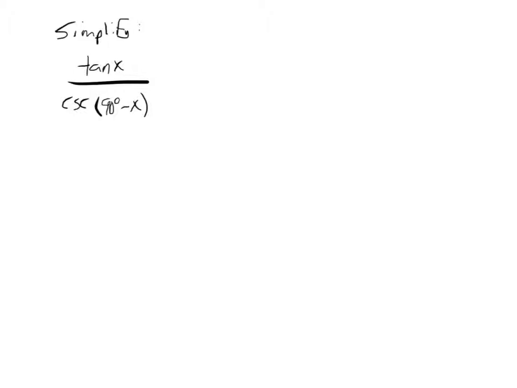So the first thing I'm going to do is change this problem to be tan x times sine of 90 minus x in the numerator, because the reciprocal of cosecant is sine, so a cosecant in the denominator will send me to a sine in the numerator.